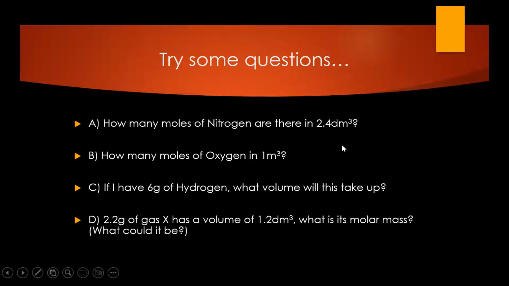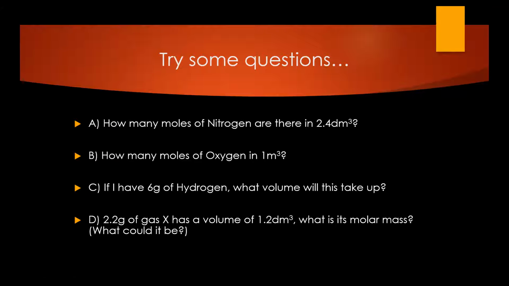In the last one, it tells you 2.2 grams of X, not its real symbol, has a volume of 1.2 cubic decimeters. Well, this is more complex. This is much, much harder. What it's saying is I've got something with a volume of 1.2 cubic decimeters. It says it's a gas. So because it's a gas, I must use the gas triangle, so I can work out the moles of this gas.